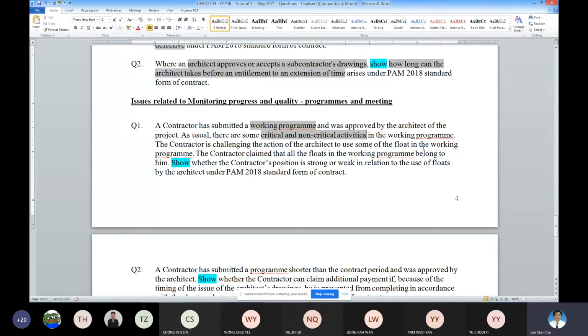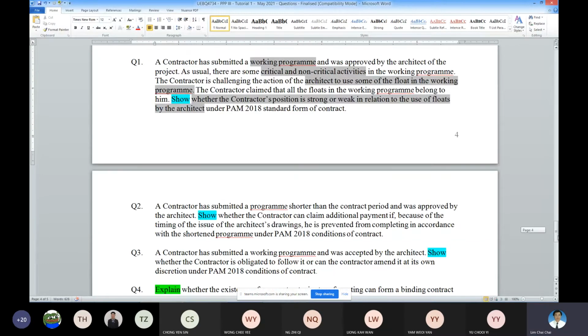Okay, so the question is, the architect is going to use the float in the working program. So now the issue is this: whether the contractor is weak or strong in relation to the float to be used by the architect or the employer. So this is the key item or the issue for this particular question based on your PAM contract.